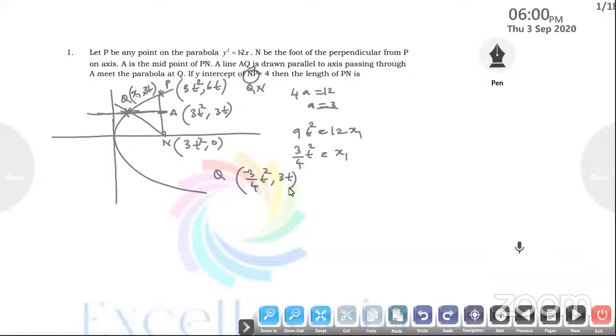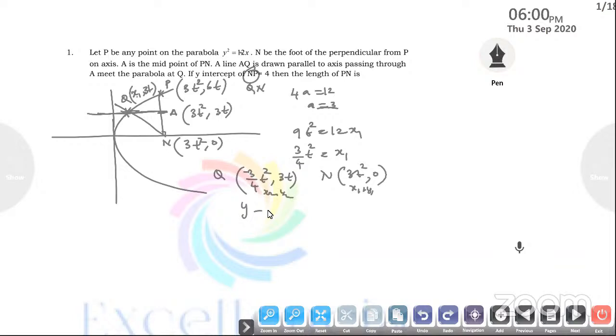Now what is given? Y-intercept of QN is given. So let us find out the equation of NQ. Q is known, N is known, so I am using the two-point formula. I am taking this as x1, y1 and this is x2, y2.